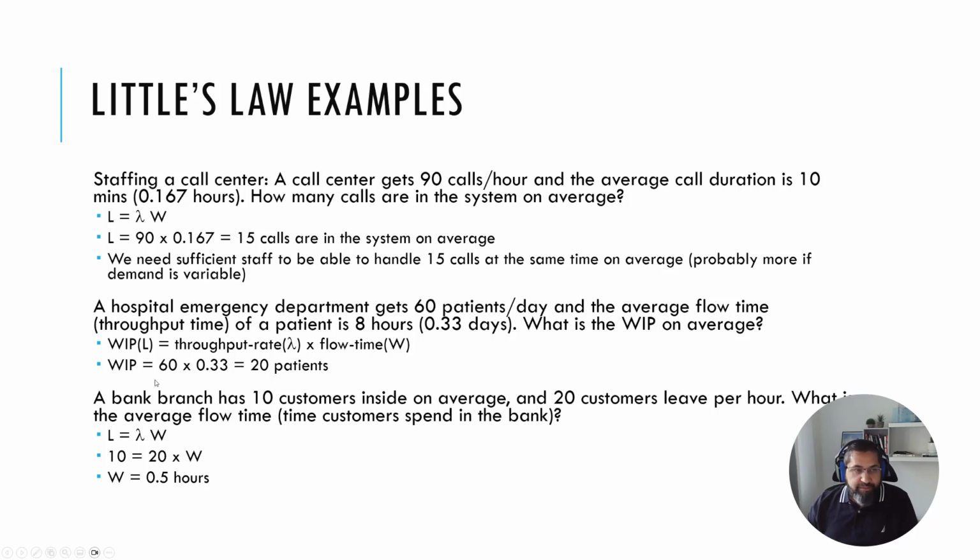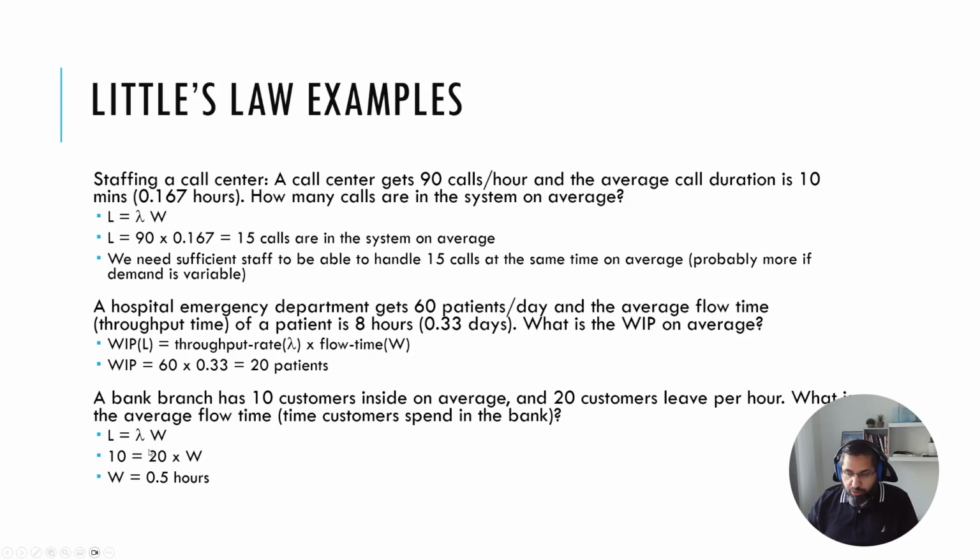So what is the throughput time or flow time? How much time is on average a customer spending in the bank branch? Okay, so we've said L equals lambda W. L is 10, the number of people in the system on average at a point in time. That equals 20, which is the arrival rate or the exit rate.